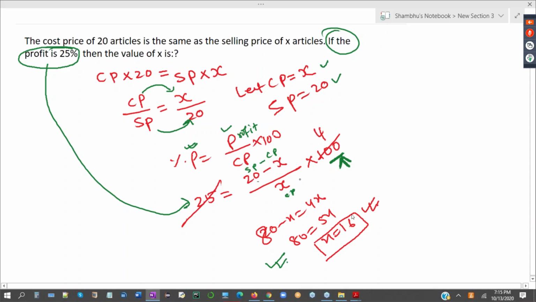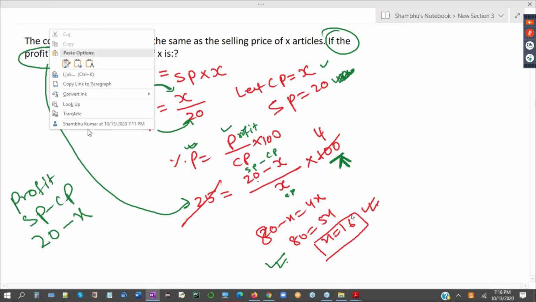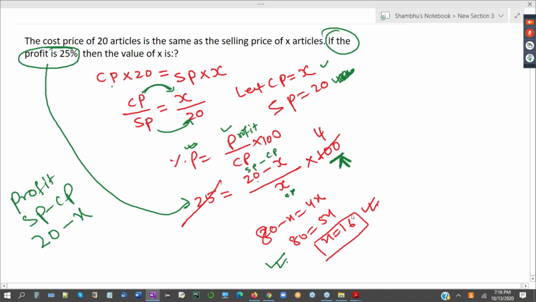Ganesh, loss is CP minus SP. Why do you want to write X minus 20? Profit is selling price minus cost price. Can you see the selling price in bold letters, 20? So I should write 20 minus X, not X minus 20. CP is X. In the question it is given, we can cross multiply. Obviously you can cross multiply. I cross multiplied and then I got this. But for CP it is X, for SP it is 20.